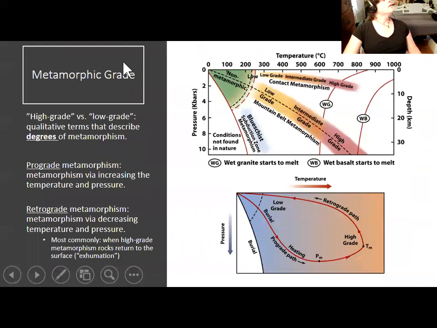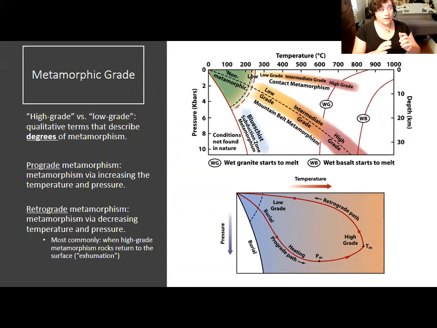So metamorphism to a big extent is all about pressure and temperature. And we use a general term to refer to whether metamorphism is occurring at high temperatures and pressures or at relatively low temperatures and pressures.